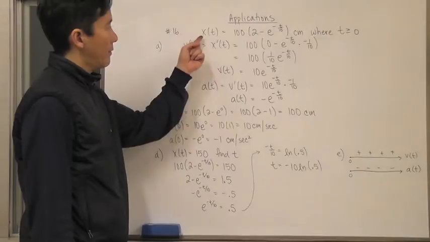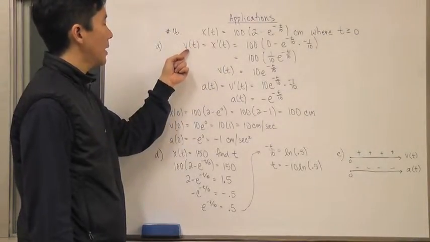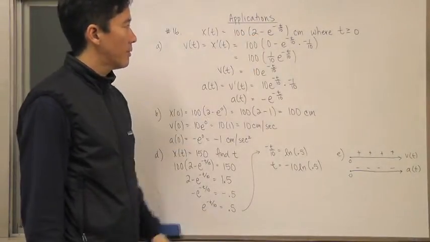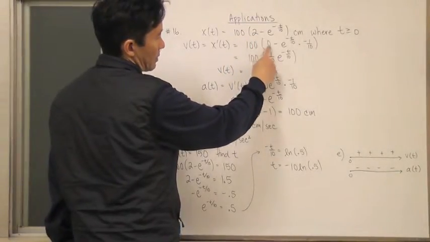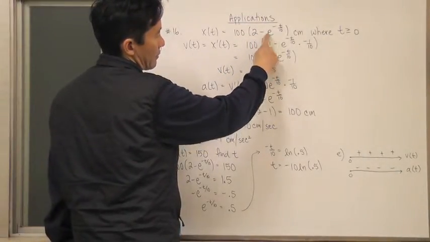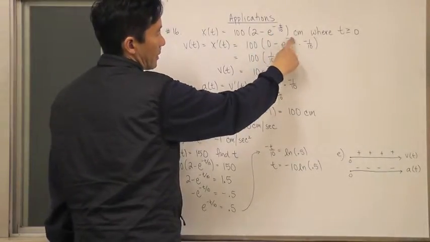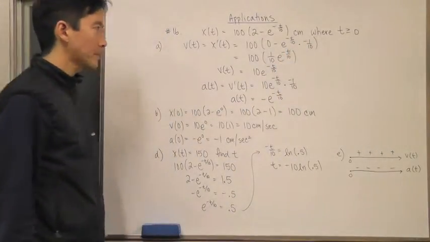So notice that if this is the displacement, then of course the velocity is going to be x prime of t, and if I take the derivative of that, this is going to be 100 times 0, minus, if we take the derivative of this, e to the negative t over 10, times the derivative of the exponent, which is negative 1 over 10.